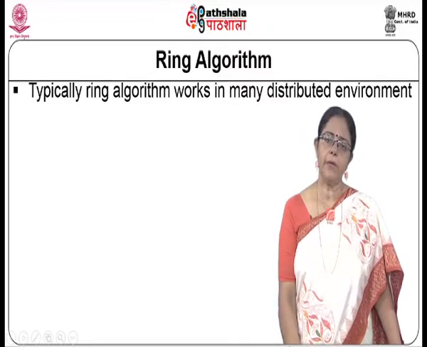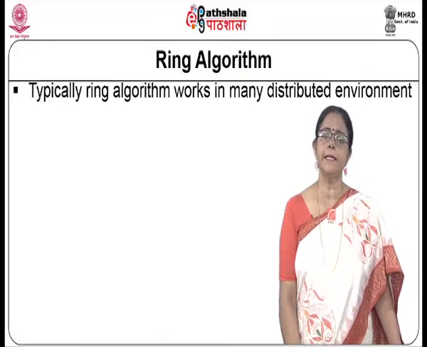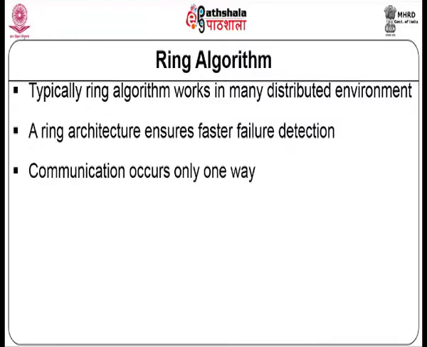But when we have a ring structure in place, then these nodes are not able to communicate with each other freely. Why we want to put this restriction of ring on freely communicating nodes is because it is easier to make communication. One node is responsible for communicating with the other node, and thereby it's possible to detect failures faster.